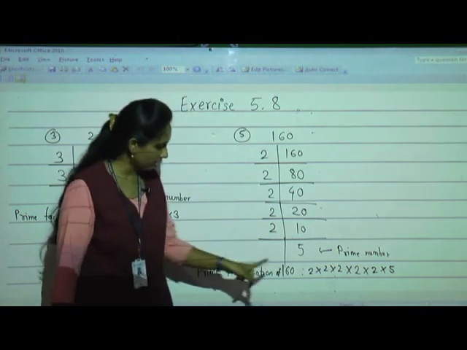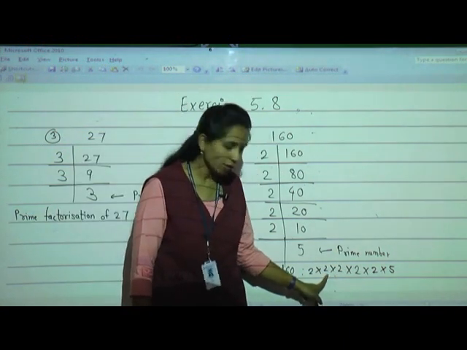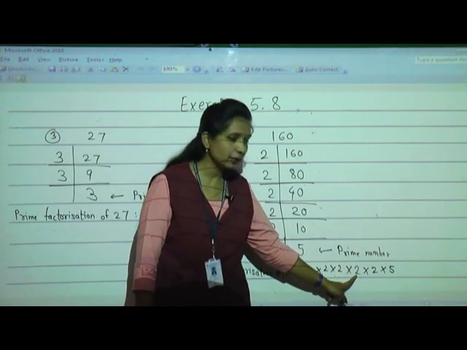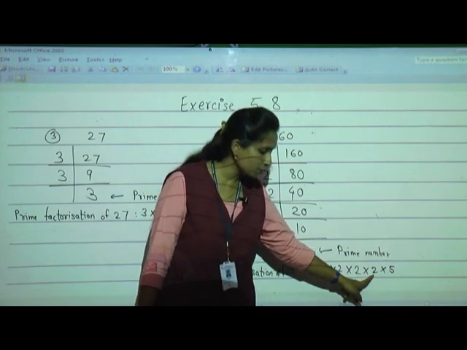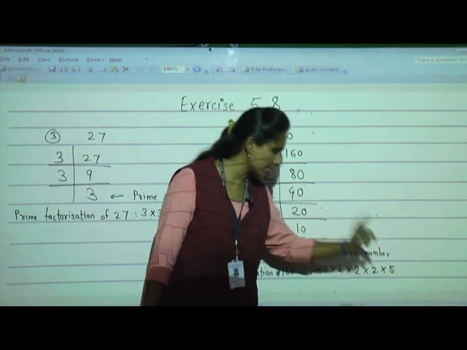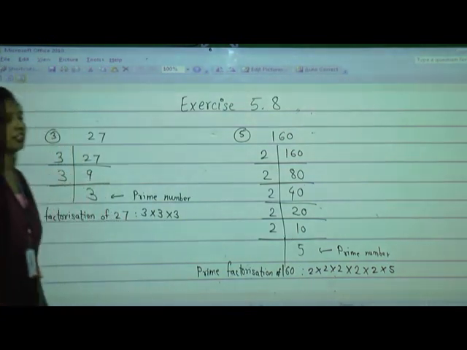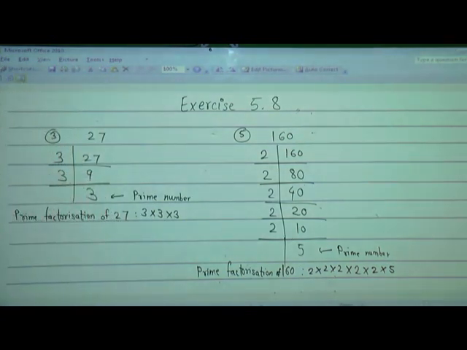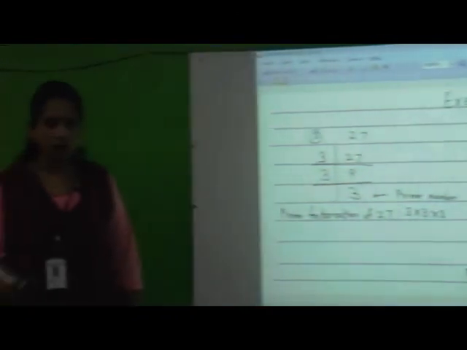You can cross check. 2 2s are 4, 4 2s are 8, 8 2s are 16, 16 2s are 32, 32 5s are 160. Understood? Clear? Yes. And the sixth one you are going to solve on your own.